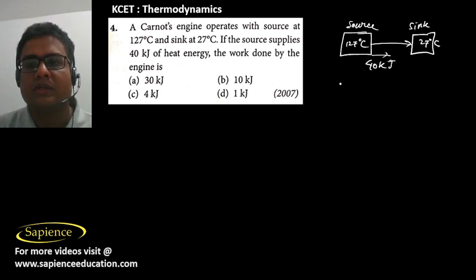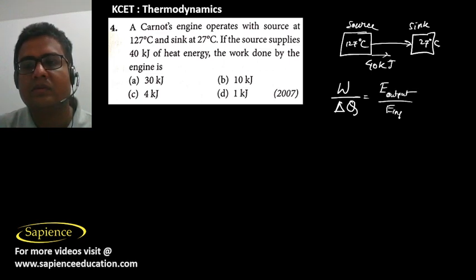Okay, so we know that the work done by the heat supplied, it means the output energy divided by input energy, is equal to the efficiency of the Carnot's engine.